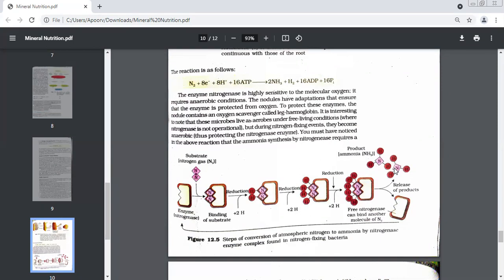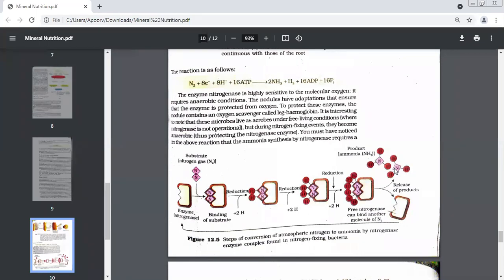So the nodules have made an adaptation so that the conditions are anaerobic. They've taken the help of leg hemoglobin, which eats out the oxygen, so that the conditions become anaerobic.